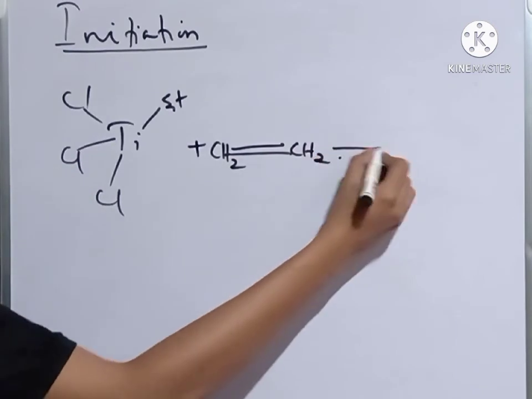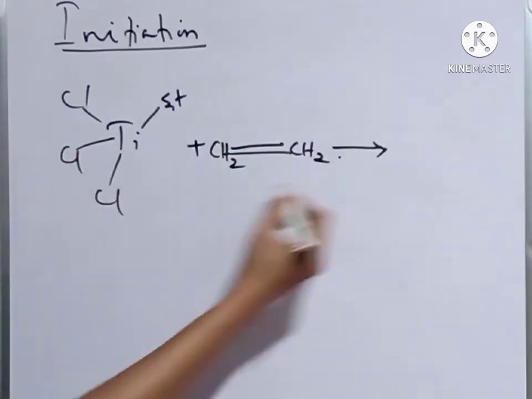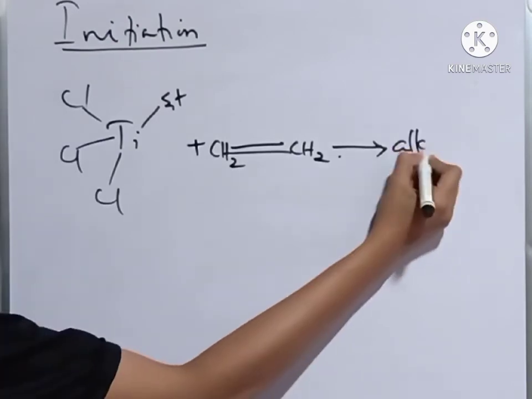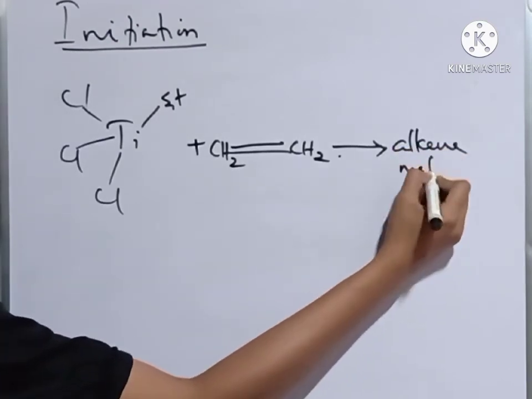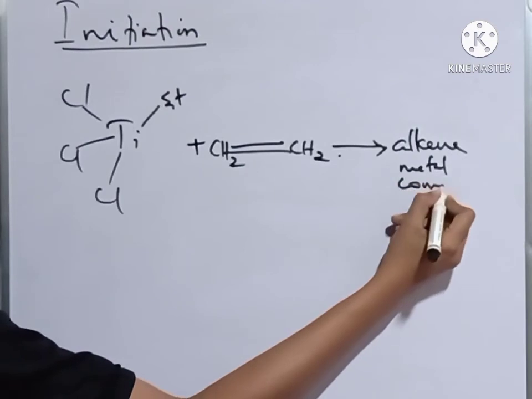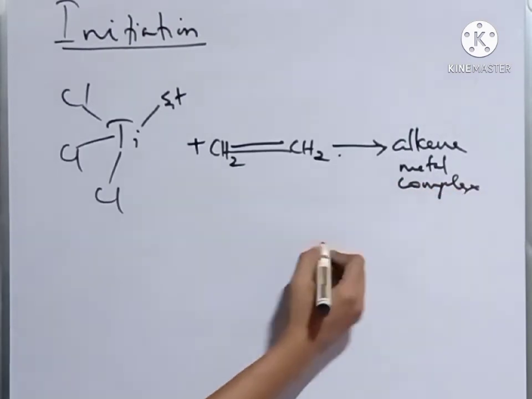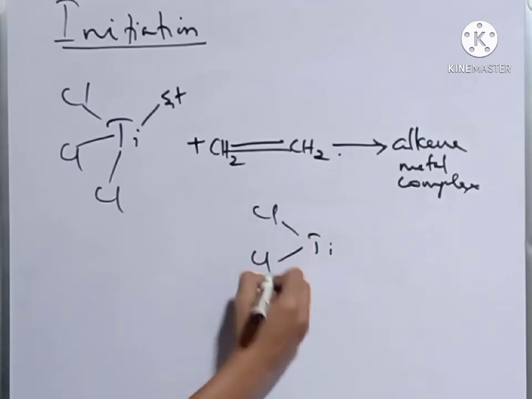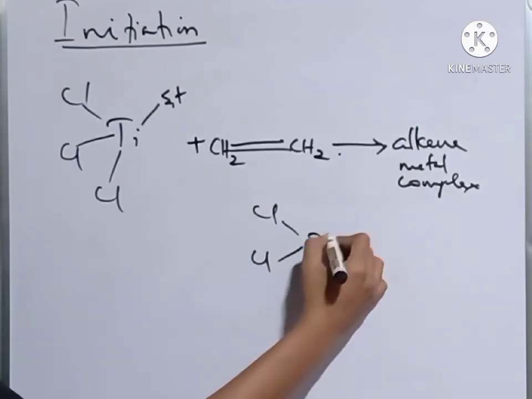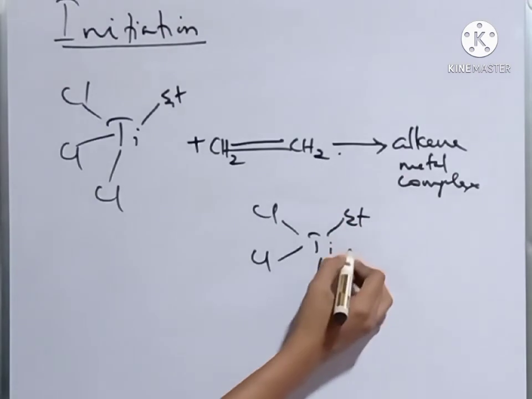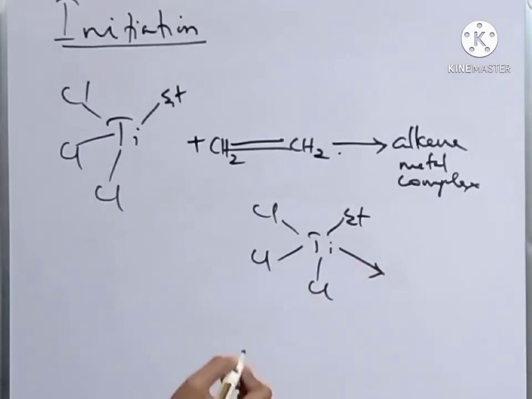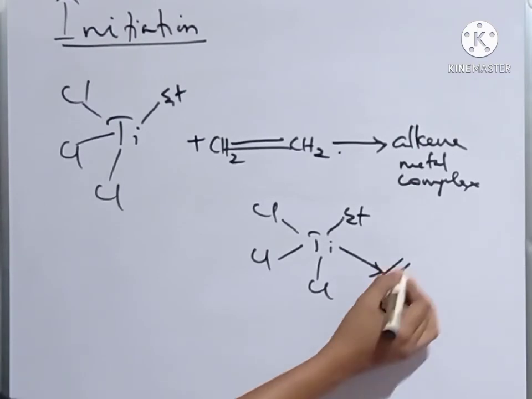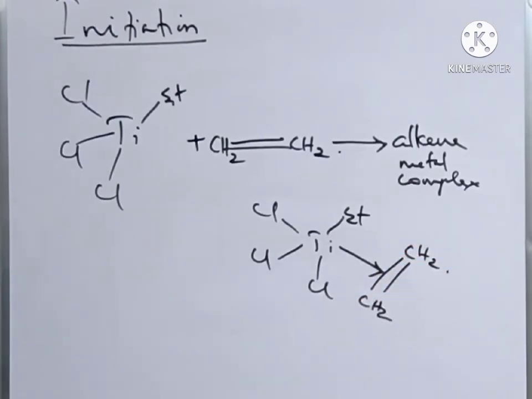This forms an alkene metal complex like this: titanium, Cl, Cl, Cl, Et, and an alkene metal complex like this: CH2, CH2.